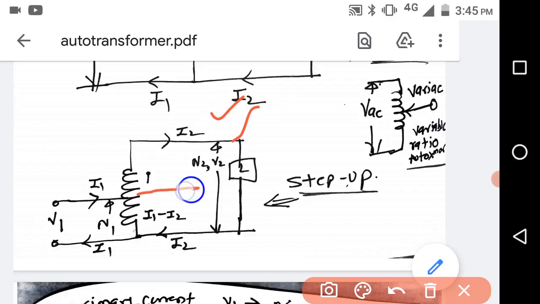Now for this portion the current flowing is I1 minus I2, and for this the current is I2, and turns are N2 minus N1 for the common portion. Here the auto transformer is used as a variable ratio transformer, where you get a variable secondary voltage.